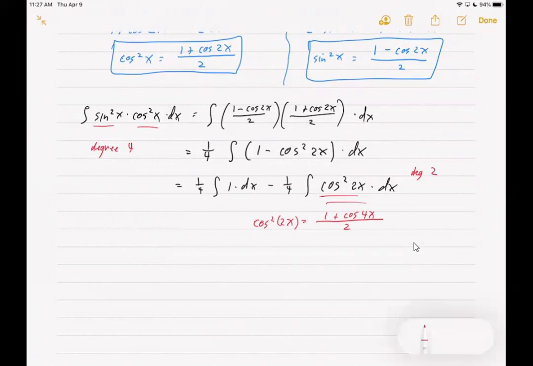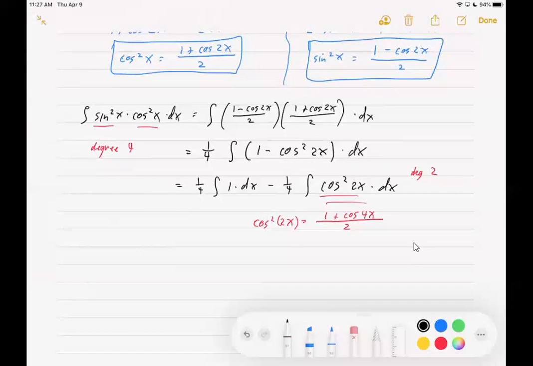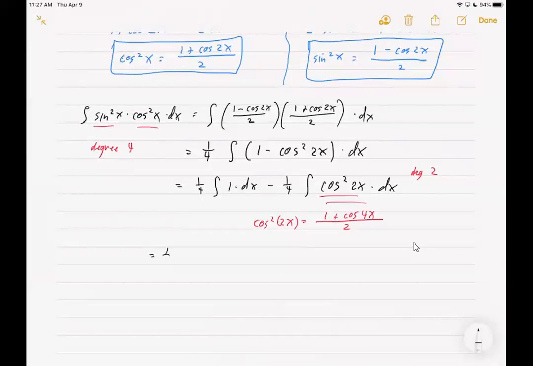So that means I can rewrite the entire expression as 1/4 the integral of dx minus 1/4 the integral of, let me bring that factor of 2 out, so I'll make that a 1/8 the integral of 1 plus cosine of 4x, all with respect to x.